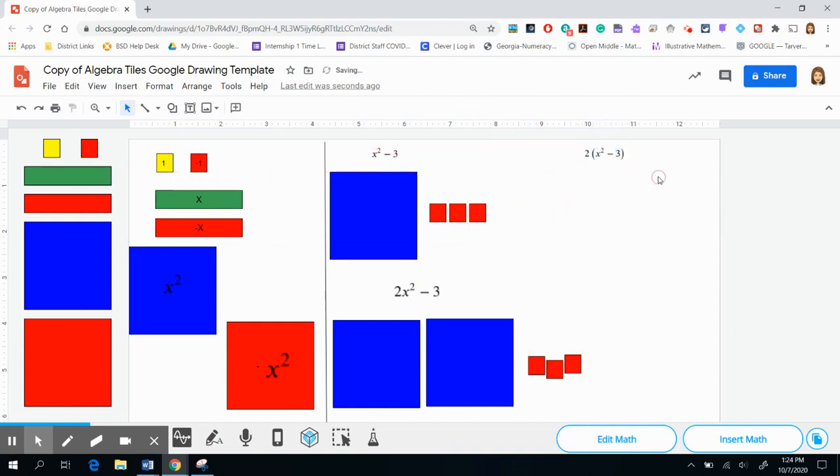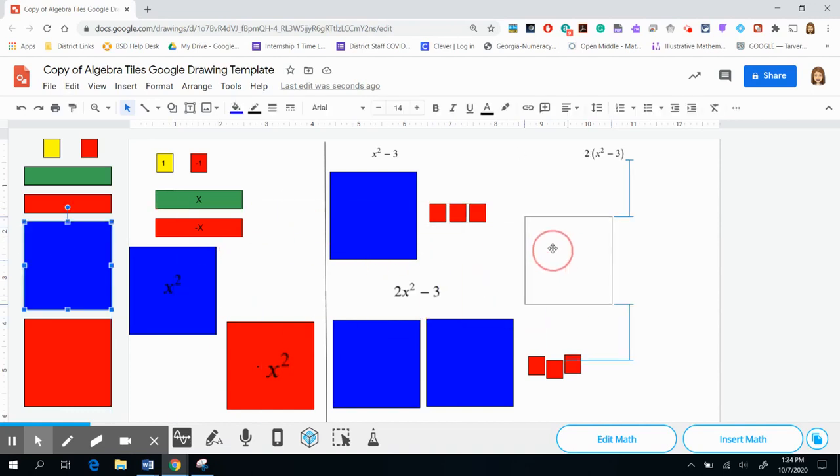This one has 2, then parentheses, and inside the parentheses is x squared minus 3. How do you think we would read that? I'm going to read this as two groups of x squared minus 3. So I've already seen what one group of x squared minus 3 looks like. This is asking me to build two groups of x squared minus 3.